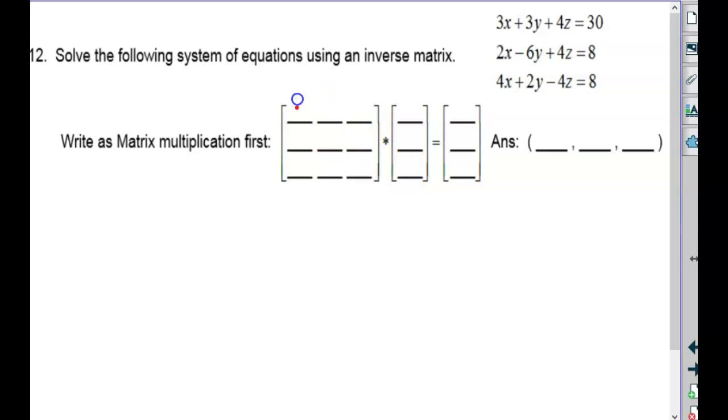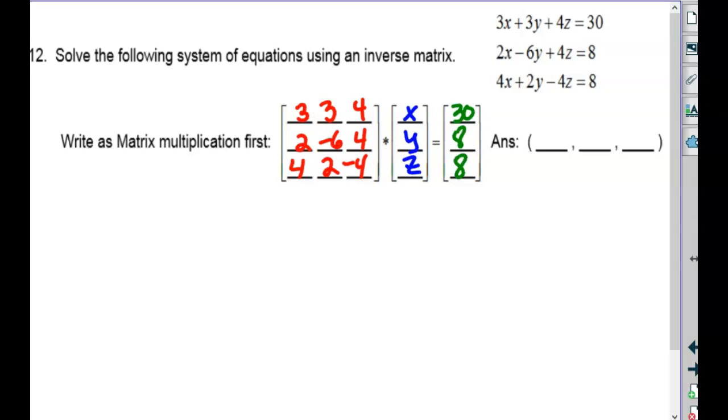So the first matrix goes what? 3, 3, 4, and then back to 2, -6, 4, and 4, 2, -4. Did I get that right? What goes in this guy? X, Y, Z. Okay, and over here we have 38 and 8.